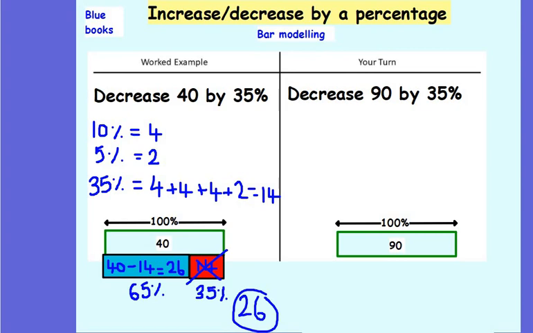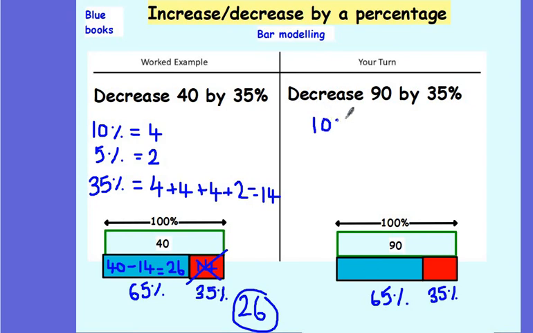Right, let's go through it. This time we are getting rid of 35% in exactly the same way. There's my 35%. The bit that's left is going to be 65% again. What's that 65% going to be worth?